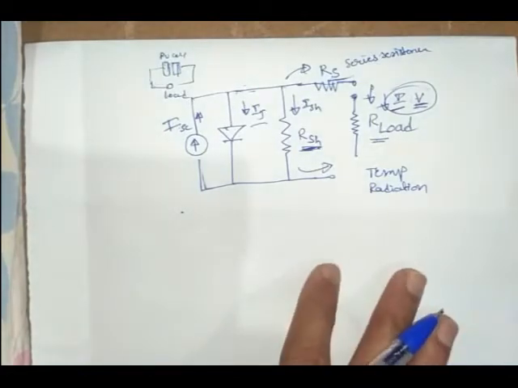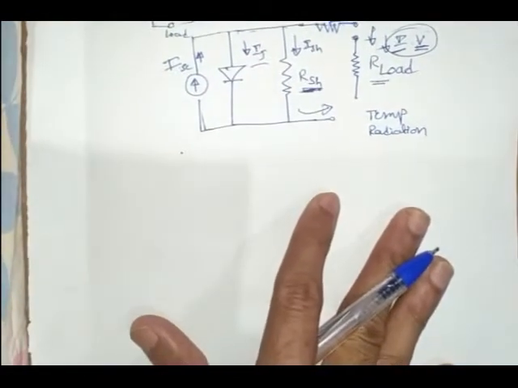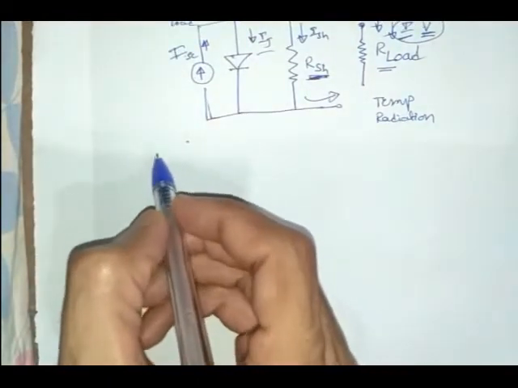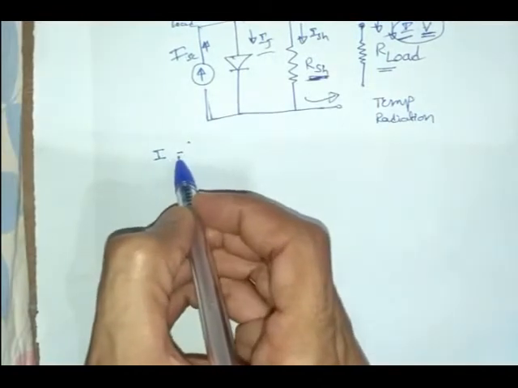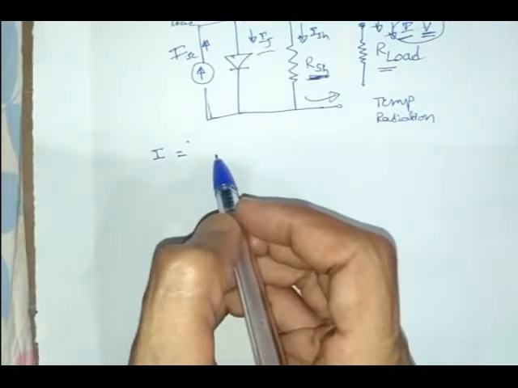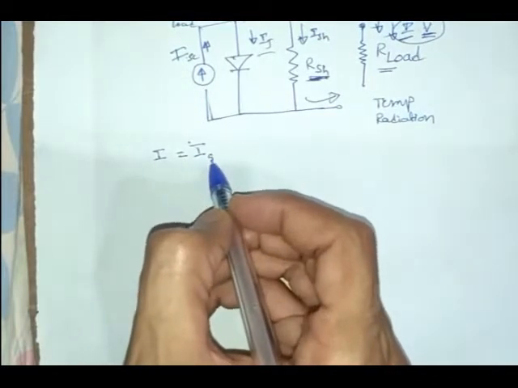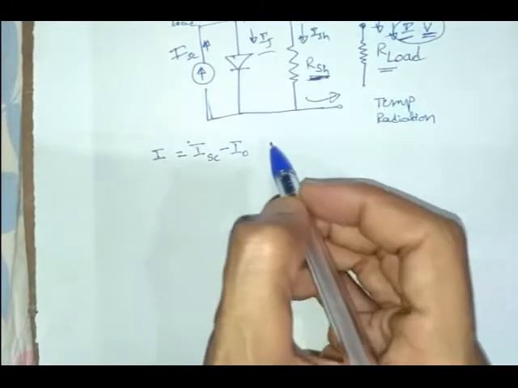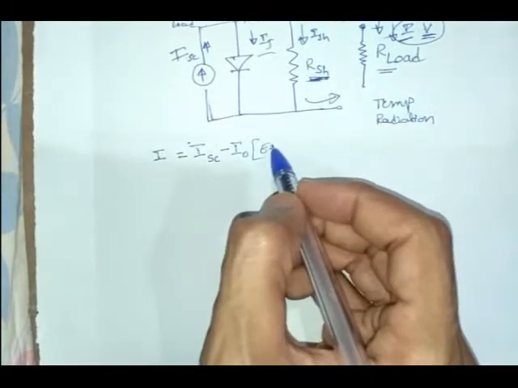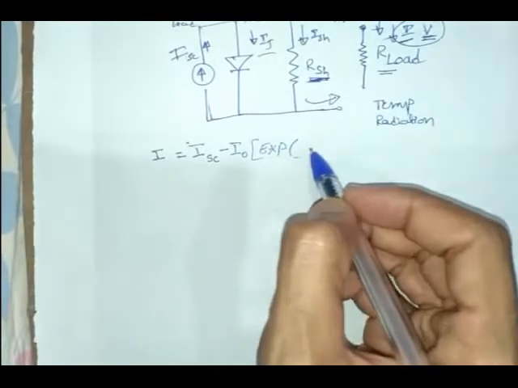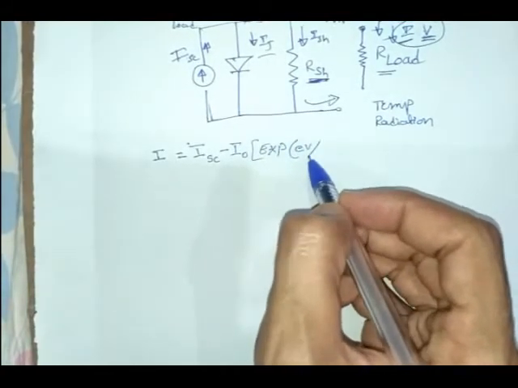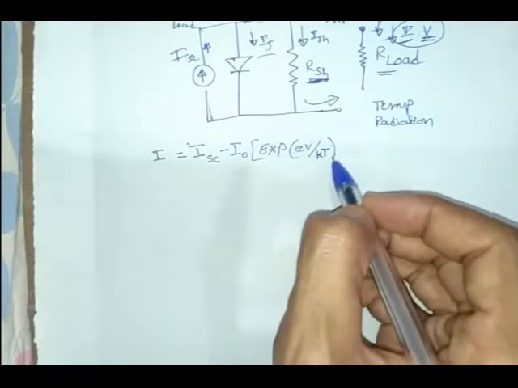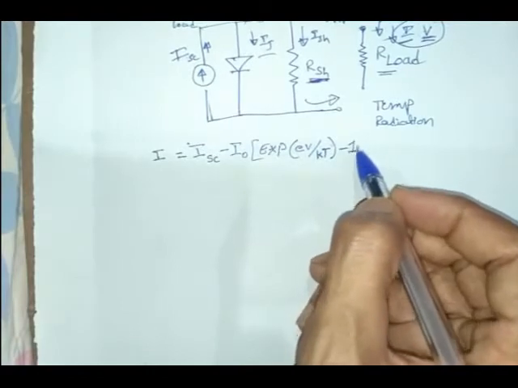At constant temperature and constant solar radiation, the relation between I and V is I is equal to ISC minus I naught exponential of EV by constant KT, minus 1.